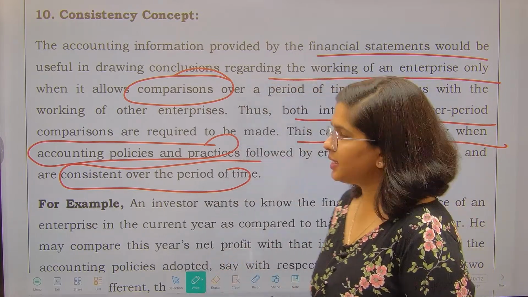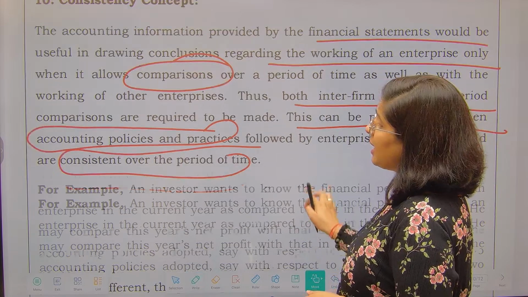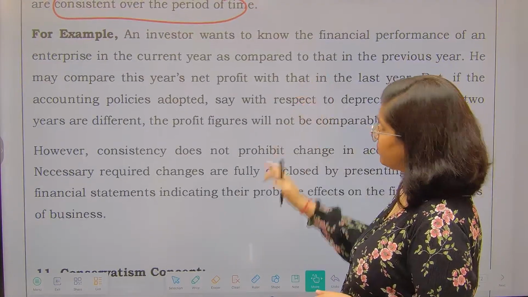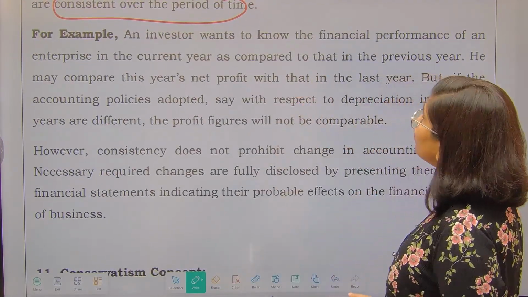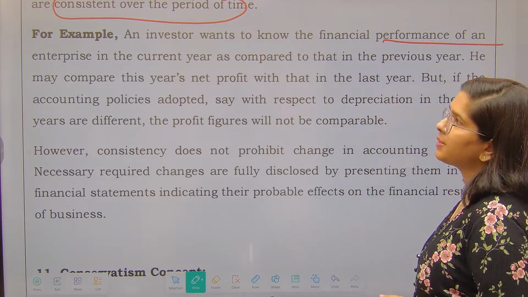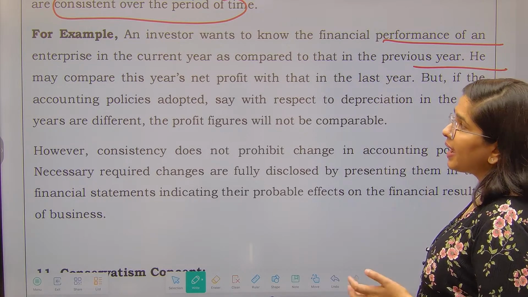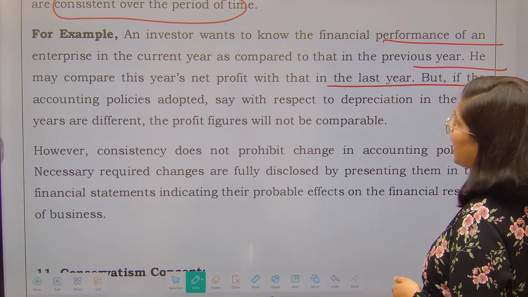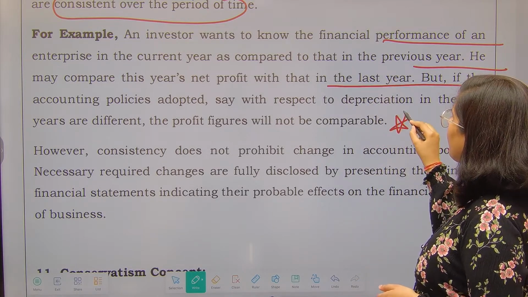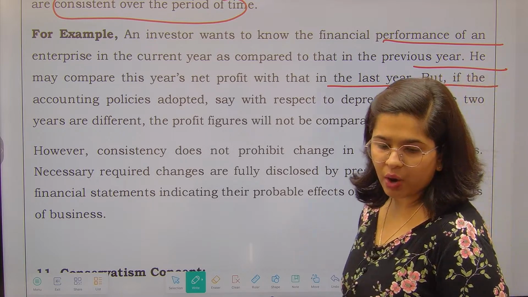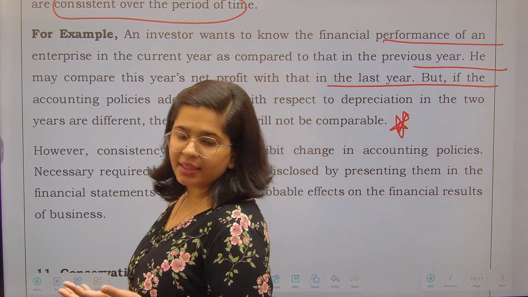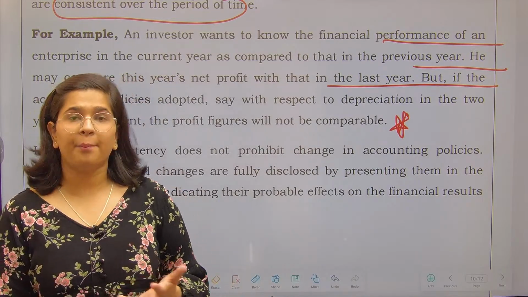Like see over here, an investor wants to know the financial performance of an enterprise in the current year as compared to the previous year. He may compare this year's net profit with last year's, but if your accounting policies are different, then the profit figures will not be comparable.